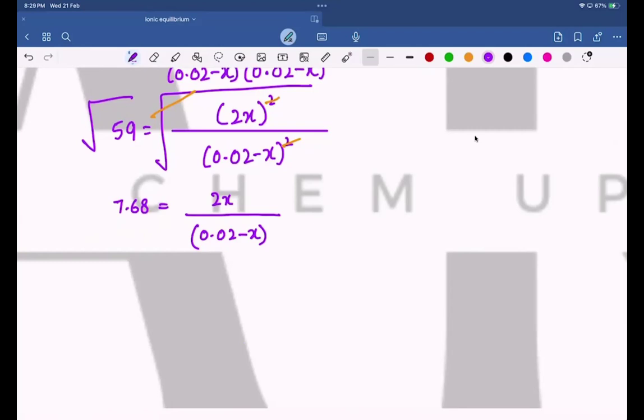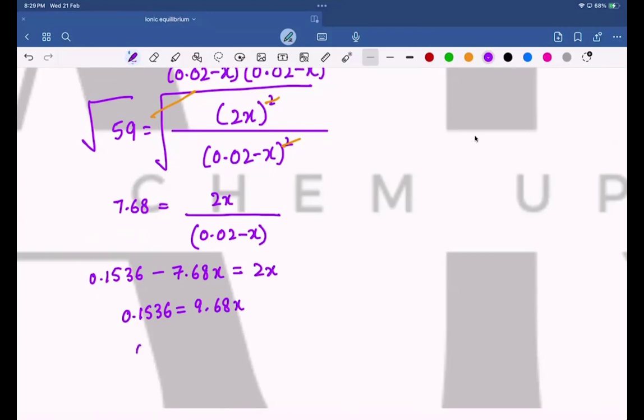It is 0.1536. So 0.1536 minus 7.68x is equal to 2x. So 0.1536 is equal to, when minus 7.68x moves to the opposite side, it becomes plus, so we get 9.68x, isn't it?